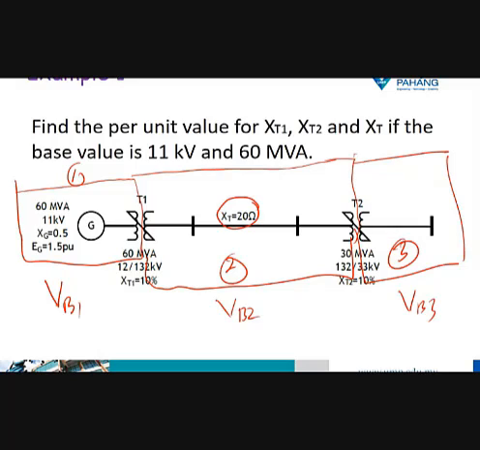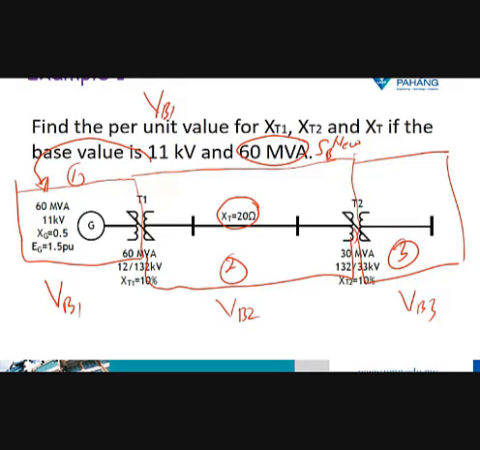As stated in the question, 11 kV is referring to the generator side. So this is V base 1, and then this data is S base new.